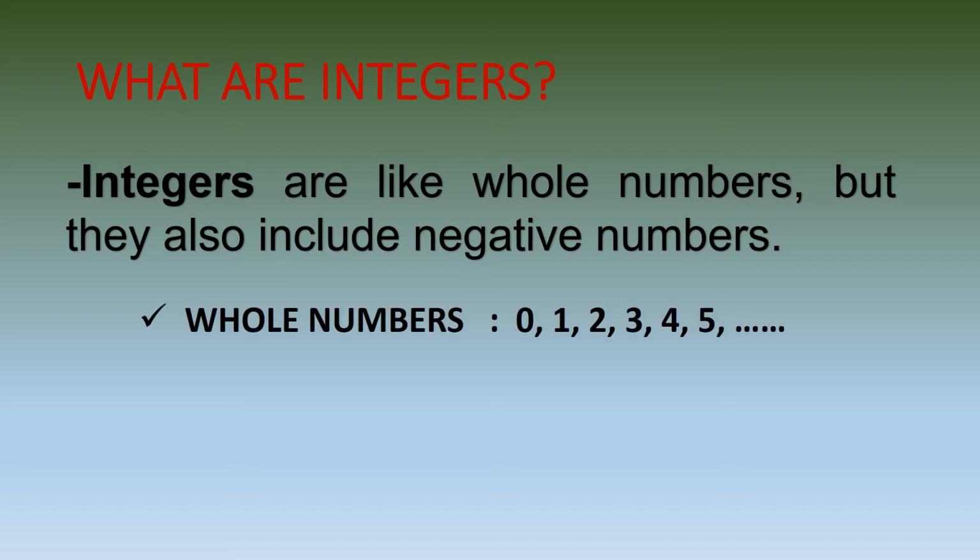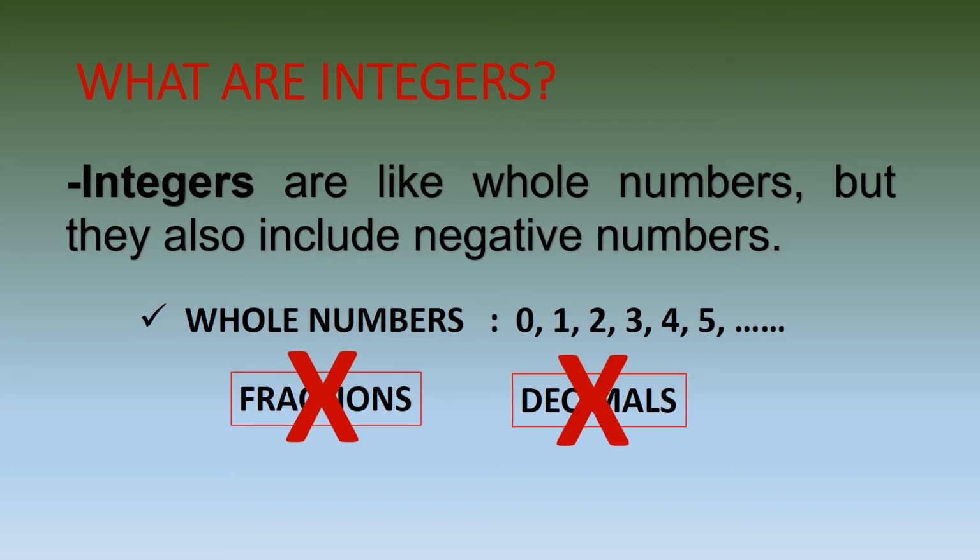Whole numbers refer to 0, 1, 2, 3, 4, 5, and so on. Again, when we talk about integers, we are referring to whole numbers, not fractions nor decimals. And integers include negative numbers.